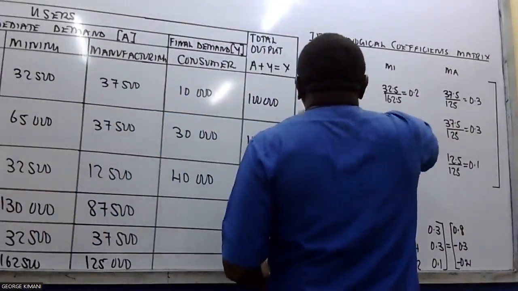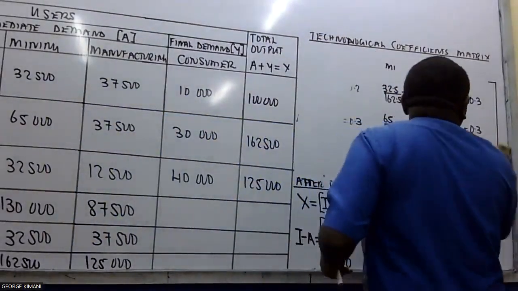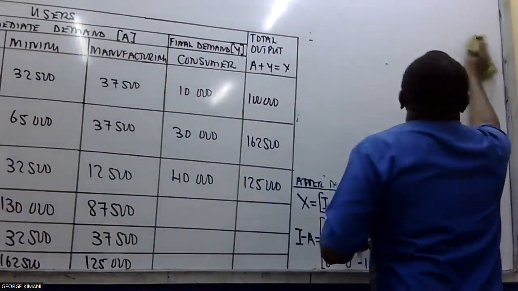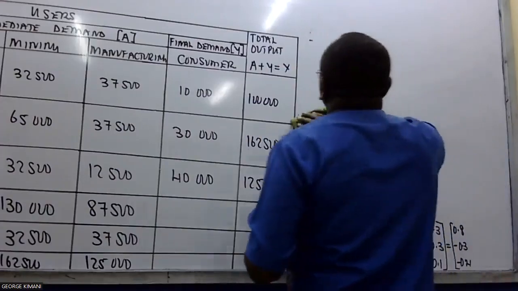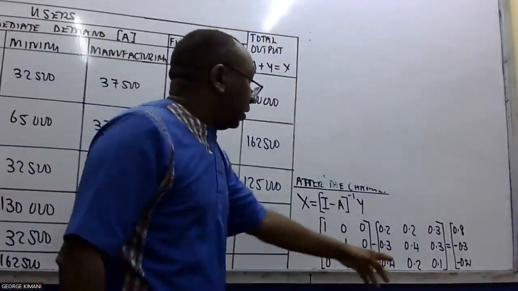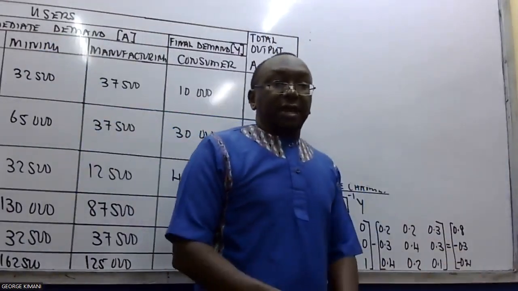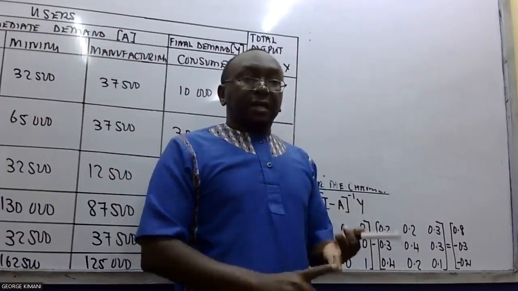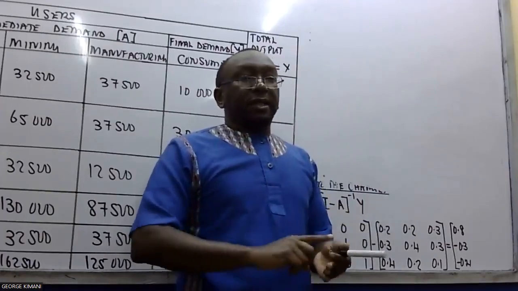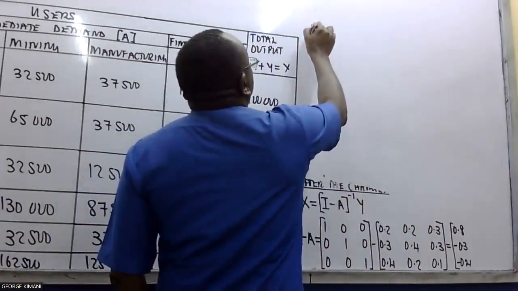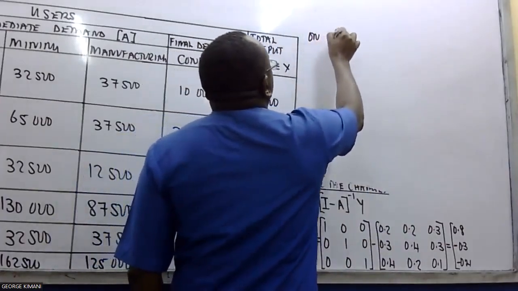Then after doing that, what you have got there is a 3 by 3 matrix. You get the inverse: after the minus, the cofactors, the determinant, the adjoint.